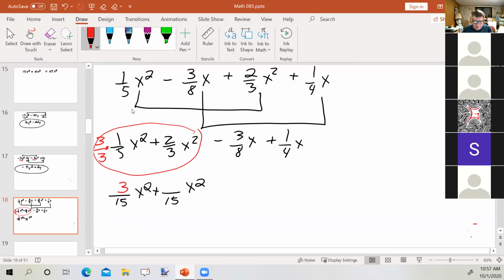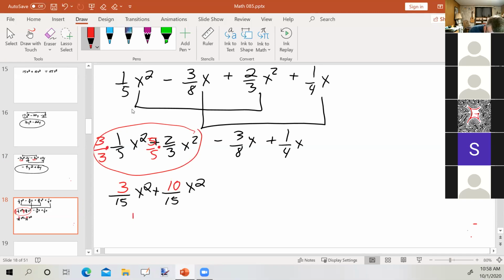So 1/5 is equivalent to 3/15. Is everybody clear on what I just did there? Yes. All right. I need to take the 2/3 and change it to something over 15. So I'm going to multiply it by 5/5, which makes it 10/15. So 2/3 gets built up to 10/15. So now I've got 3/15 x squared plus 10/15 x squared. Okay?